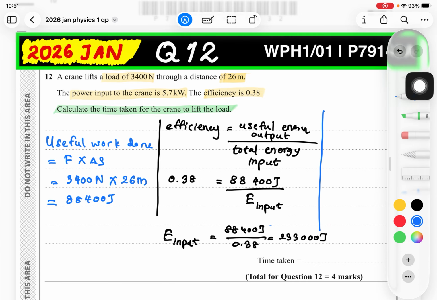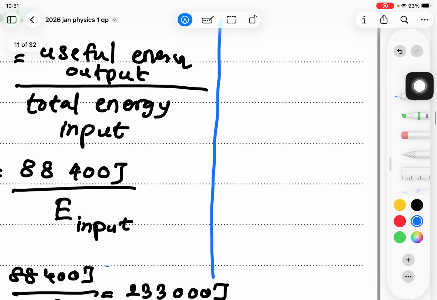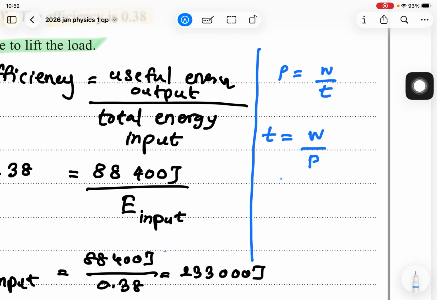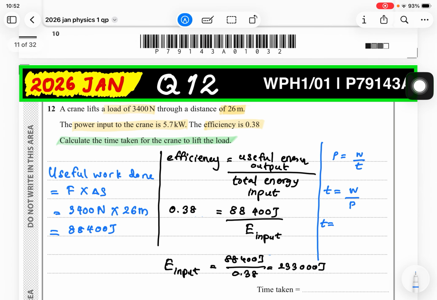We know another equation is power, P equals the energy or work done divided by time taken. So we know the work done is this amount, so we just need the time. I'll make T the subject, which is W divided by T, where T equals the work done, 233,000 joules, divided by power.